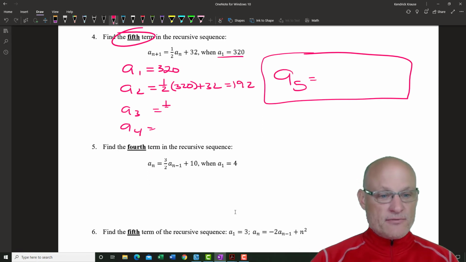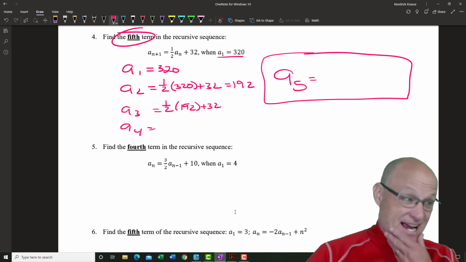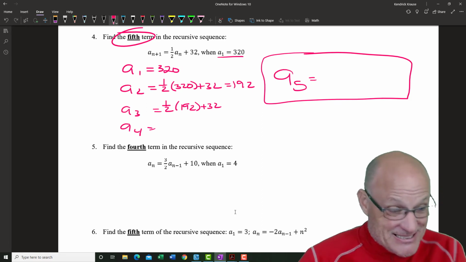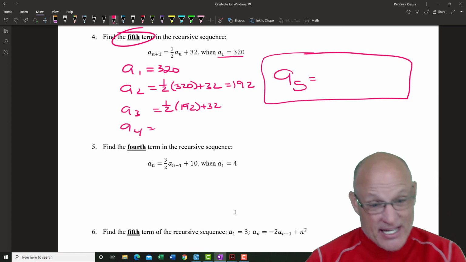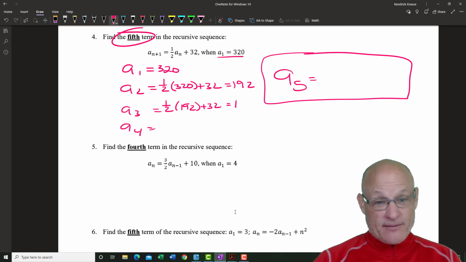And then we do 1/2 of 192 plus 32. So let's see, what's half of 192? Was that 96? 96 and 96 is 192. Yeah, 96 and 32 is 128. And then we're going to take half of 128 and add 32.